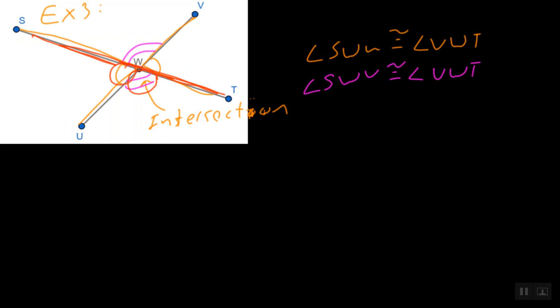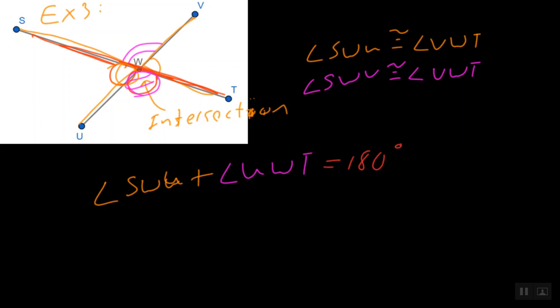Let's take what I have in the orange, angle SWU, plus what I have in the purple, angle UWT. And guess what, guys? Whenever they are on a straight line, we know that they are in fact supplementary, and they must add up to 180 degrees.